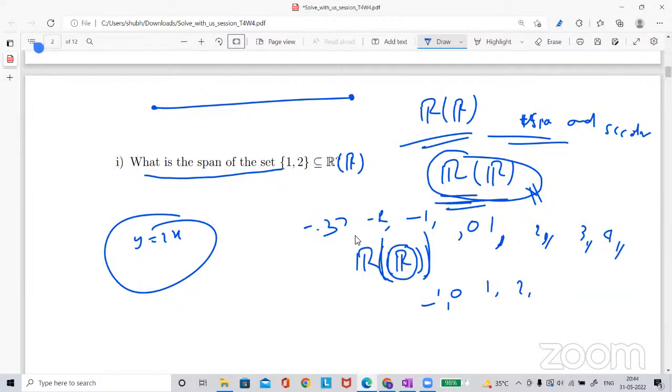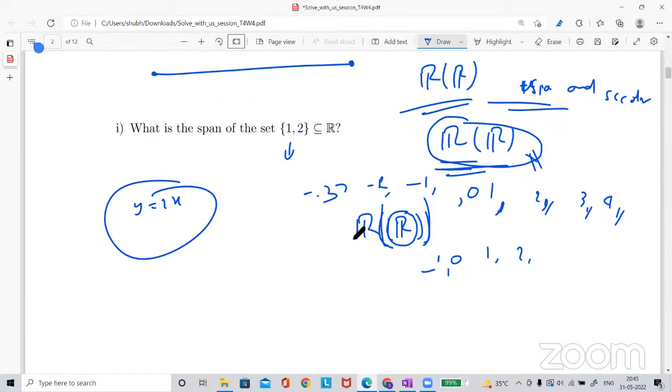R is the span itself, because we can generate R from the span of 1 and 2. Let me explain.